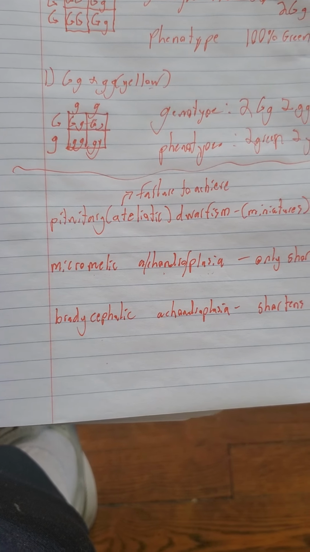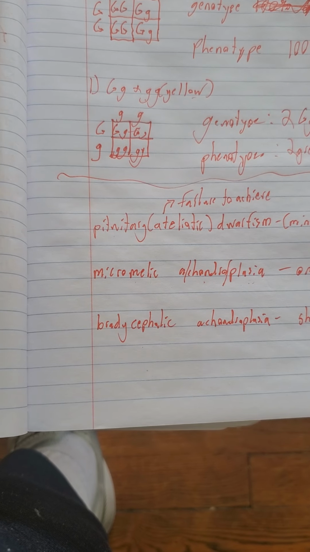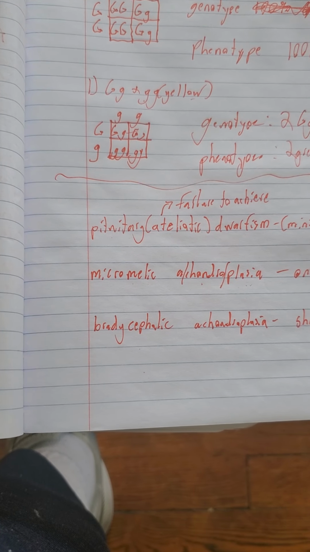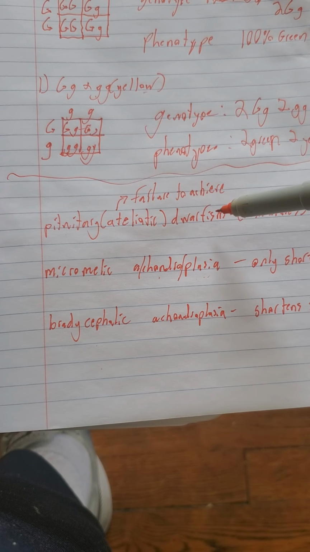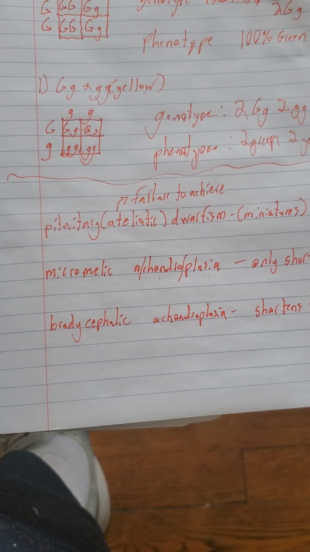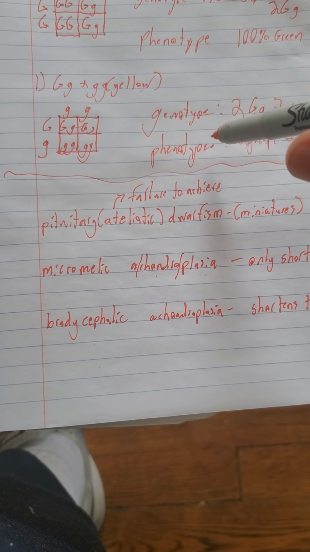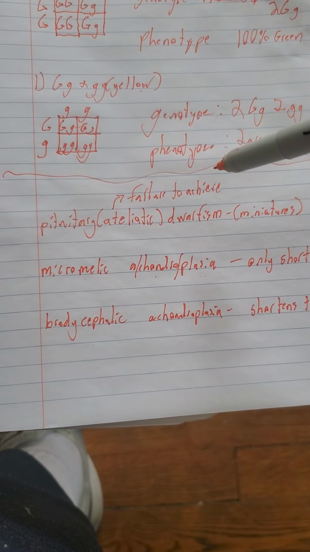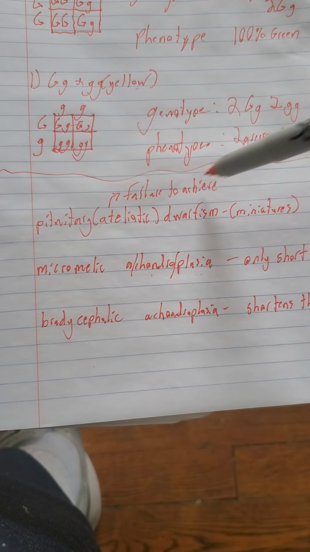Huge, lofty medical Latin derivative words, but really, it's very simple. So pituitary ateliotic dwarfism is just any animal that looks normal. It looks exactly like a normal horse, but it's just small. Looks exactly like a normal chicken, but it's just small. Looks exactly like a normal proportional human, just small. That's your basic dwarfs.